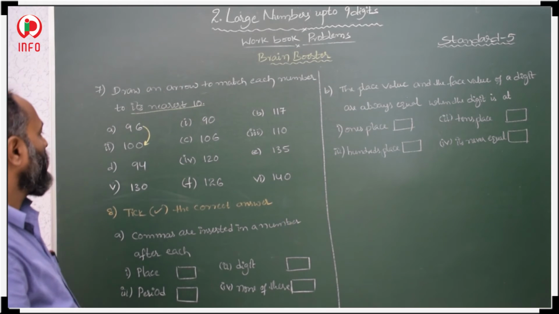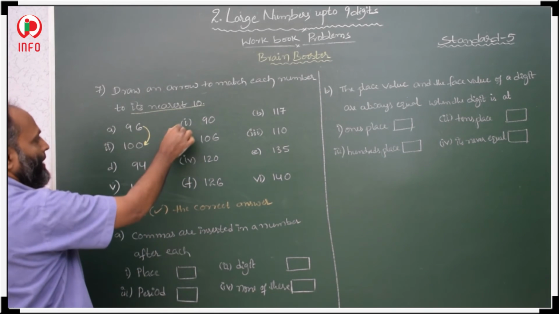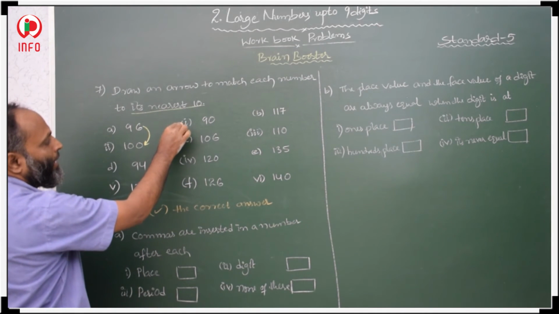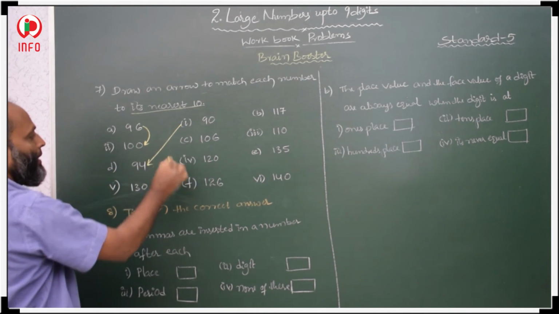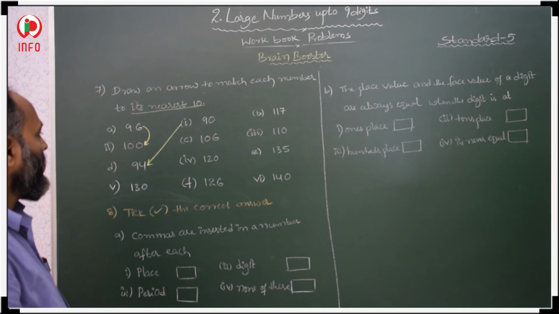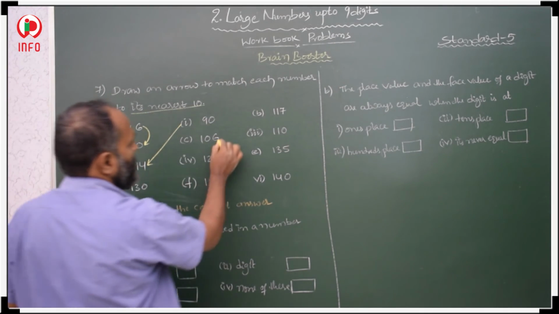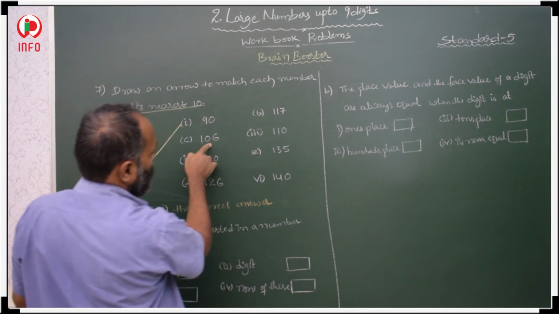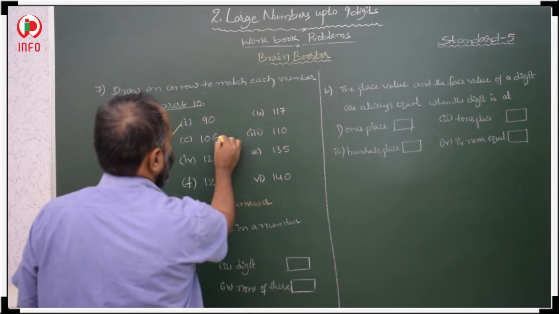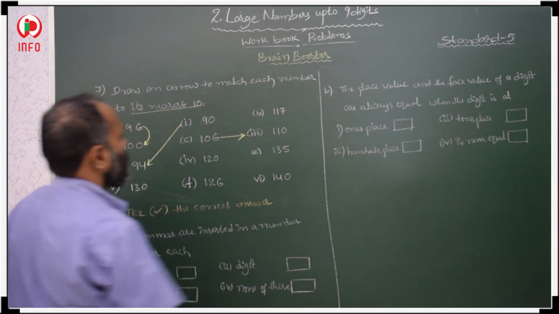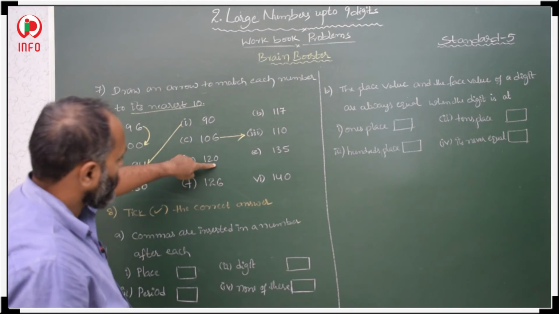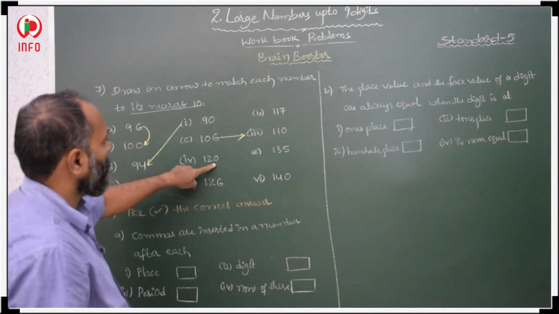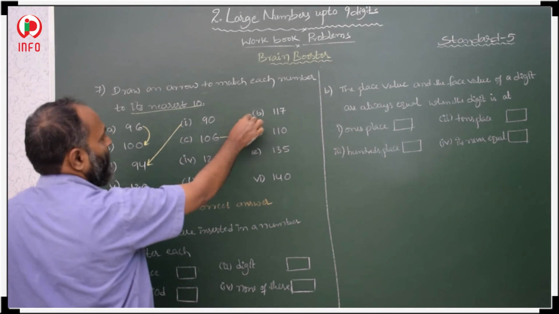Then 90, nearest 10 is 94. 106, nearest 10 is 110. Next, 120, nearest 10 is 117.